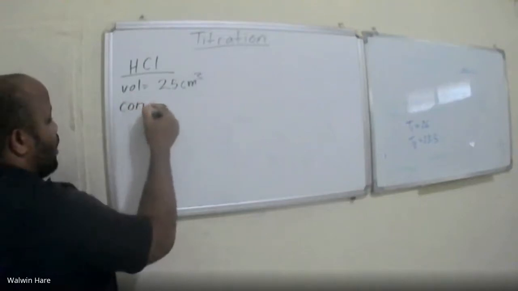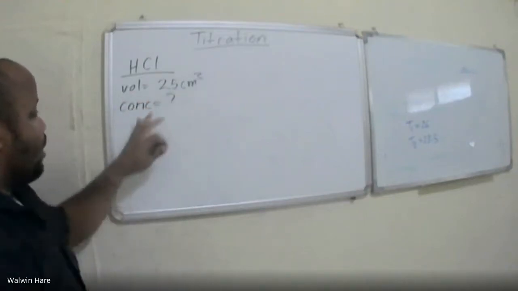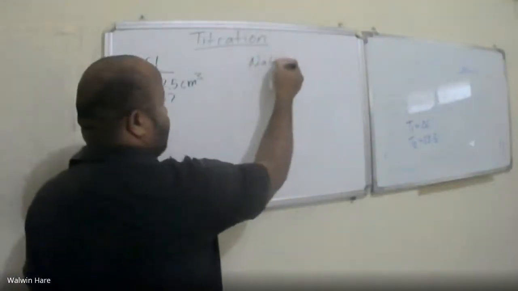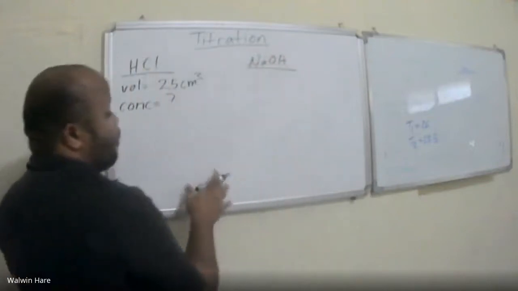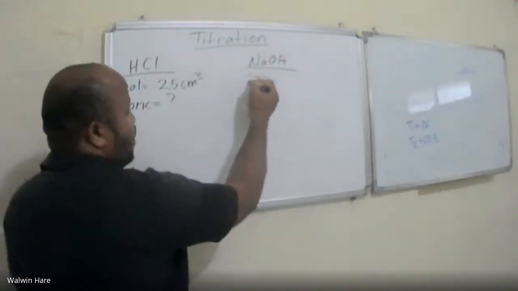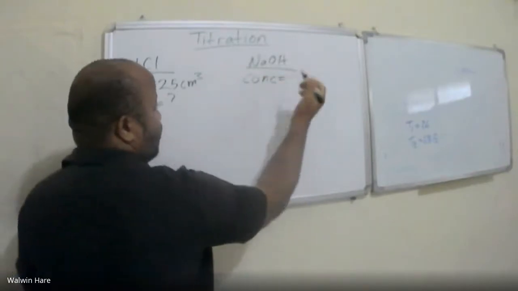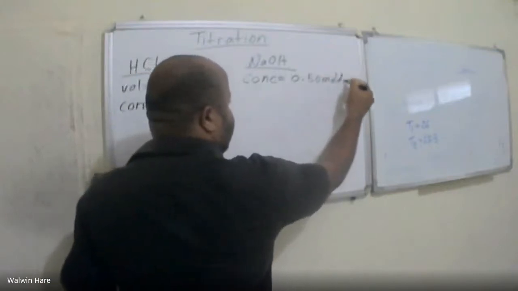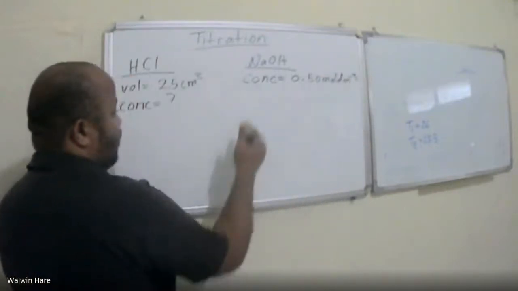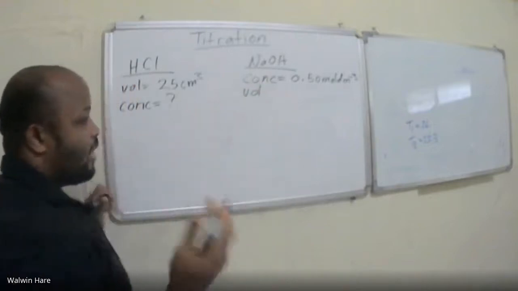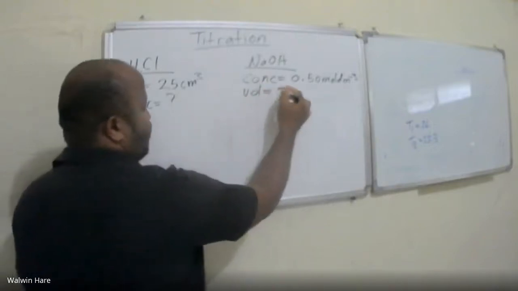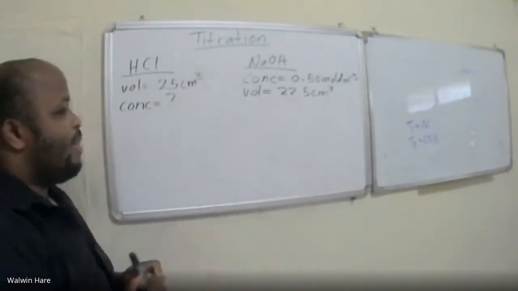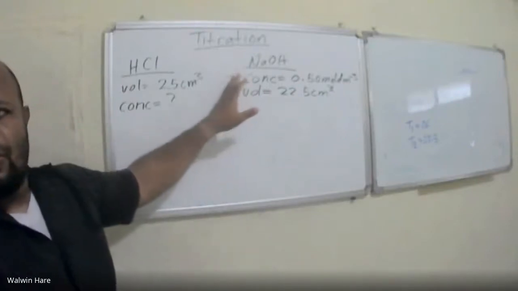And remember, our objective is to determine the concentration. Let's say we are titrating it against sodium hydroxide. For the sodium hydroxide, we would have to know the concentration. Let us say the concentration is 0.5 moles per dm cube. And let's say after the titration, we realized that it took 22.5 cm cube of the sodium hydroxide solution to neutralize it.